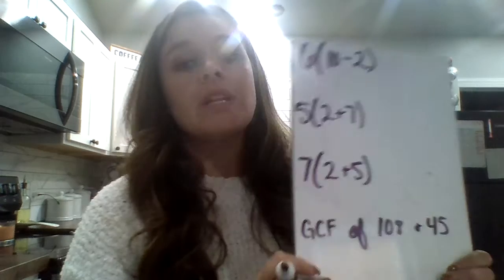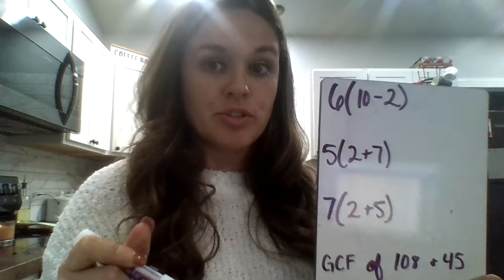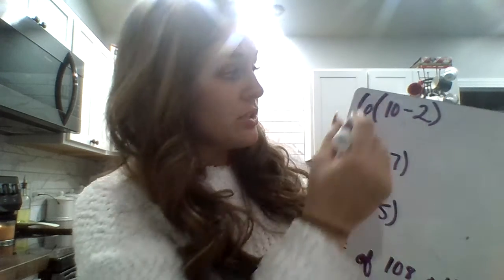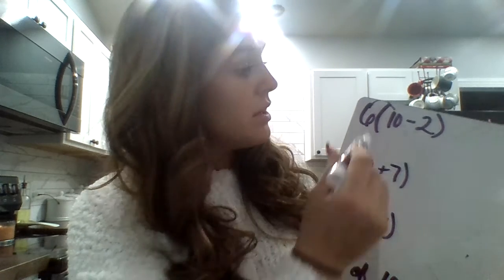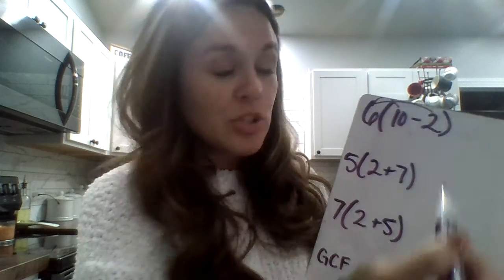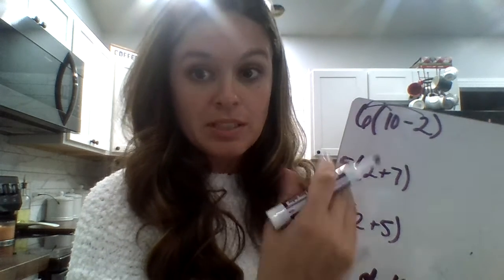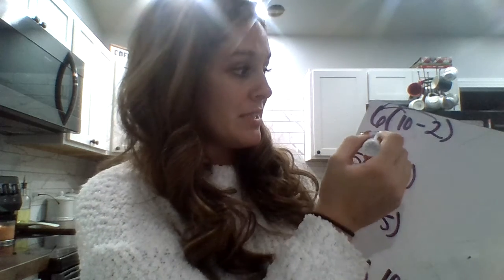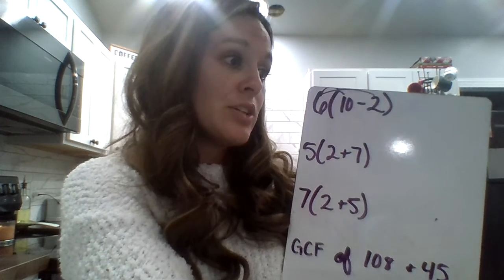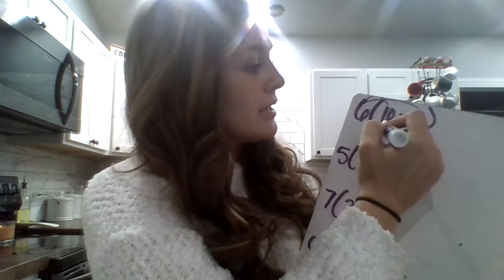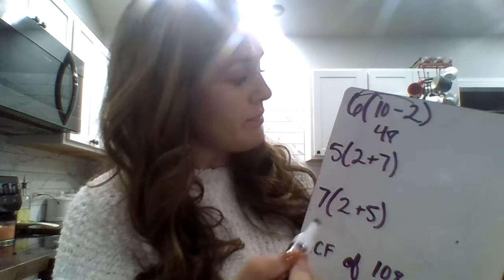Now we've got a few that we actually get to solve. It tells you to solve using the distributive property. You can do it either way. So you can either do 6 times 10, which is 60, minus 6 times 2, which is 12, 60 minus 12, or you can just do 6 times 8. And either way, you're going to get the same answer. It is 48. Okay, same thing here.